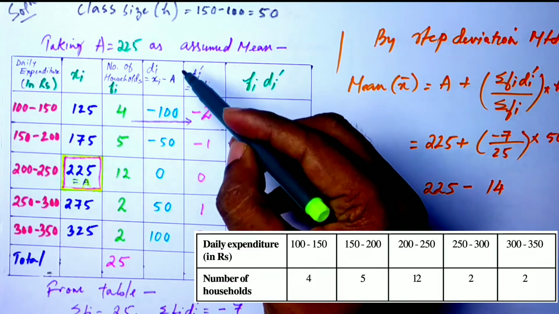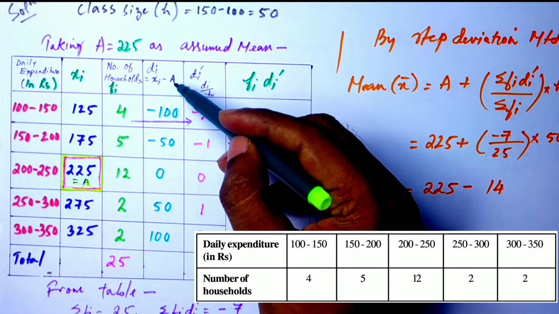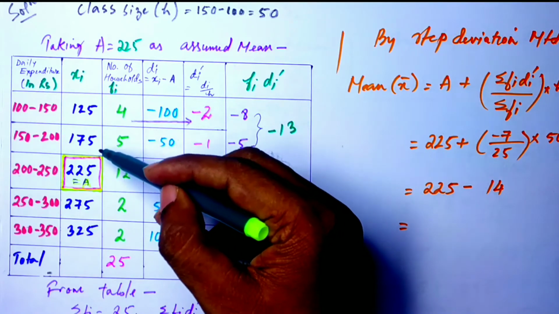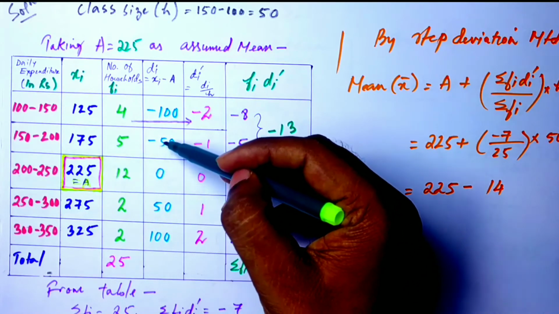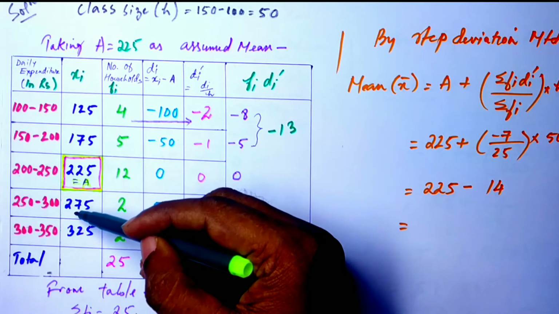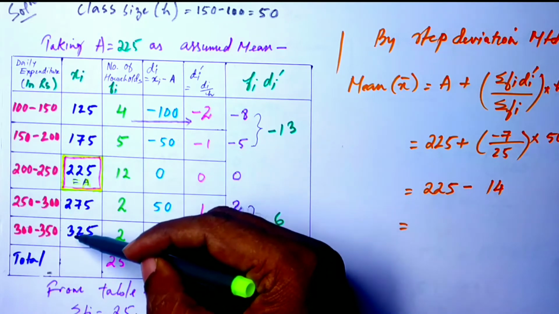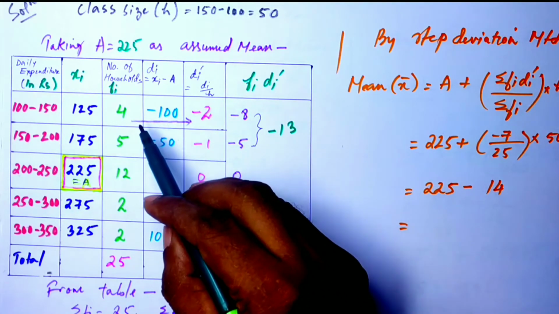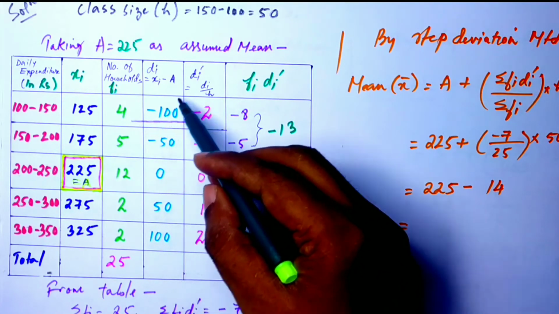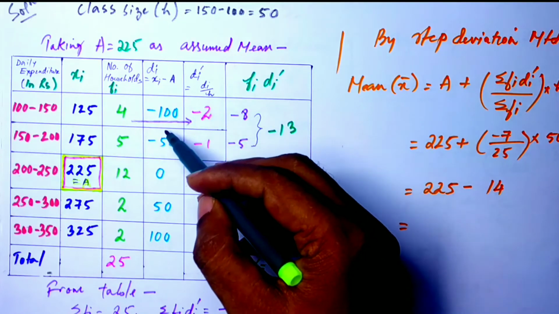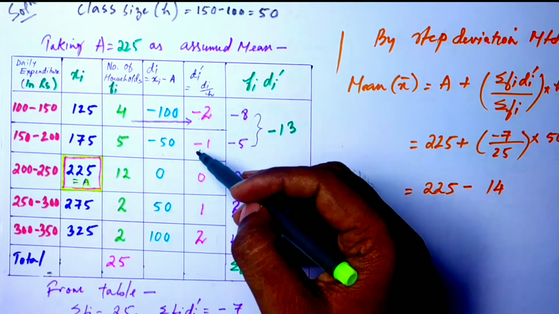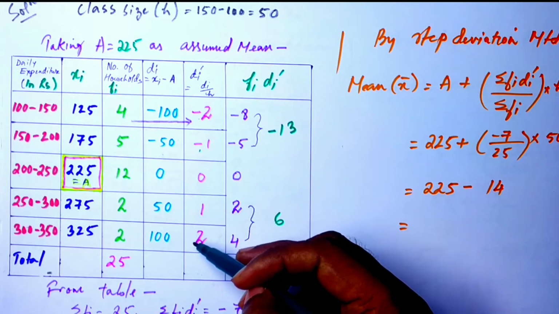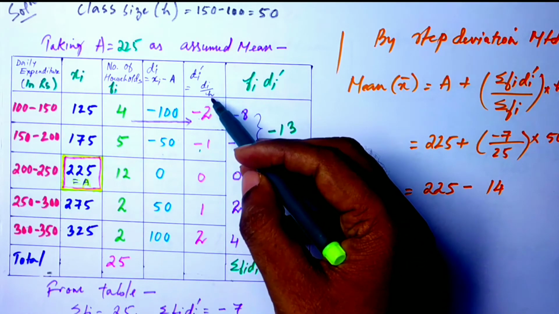So here we get xi minus a, which is 125 minus 225 is minus 100, 175 minus 225 is minus 50, 0, 275 minus 225 is 50, 325 minus 225 is 100. And we divide these by 50, so we get minus 2, minus 1, 0, 50 divided by 50 is 1, 100 divided by 50 is 2, since it is di by h.